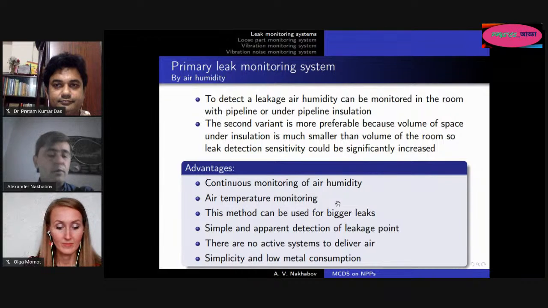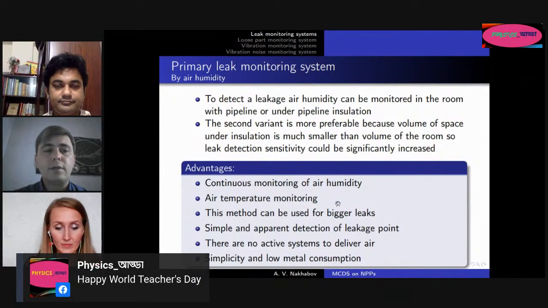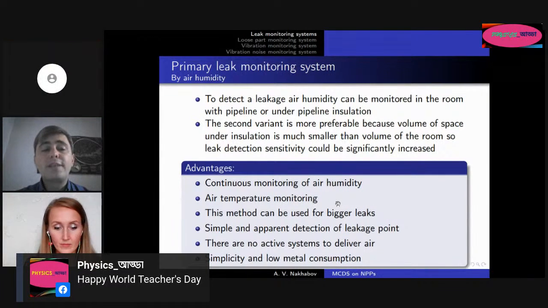So the first mechanism, the first option, is to detect leakage by air humidity. So what is the idea? Actually, on VVR, all pipelines of the primary circuit are closed during operation.